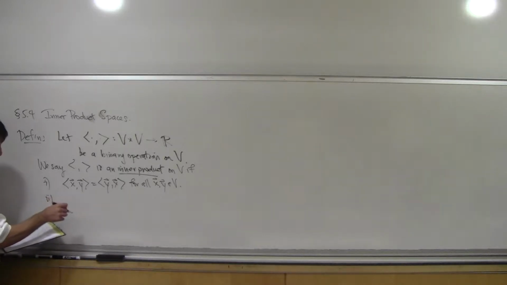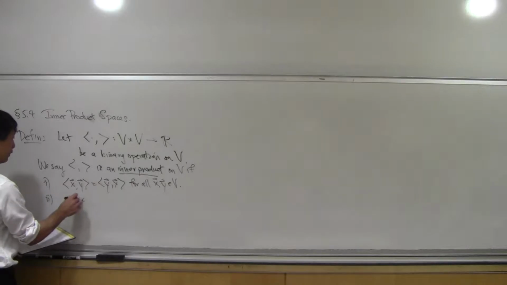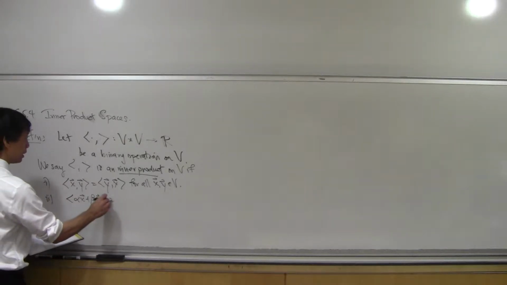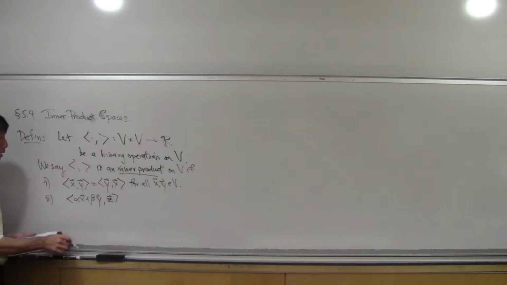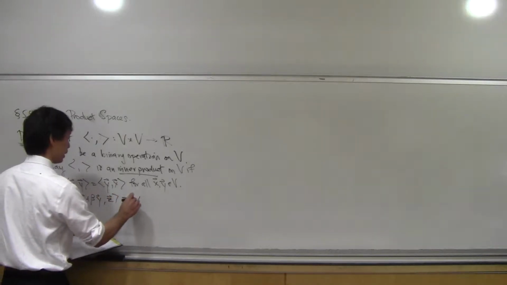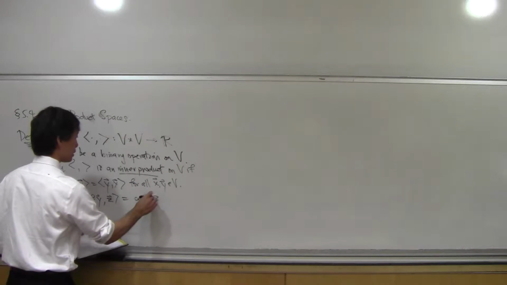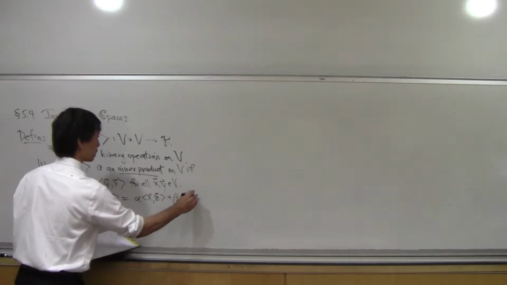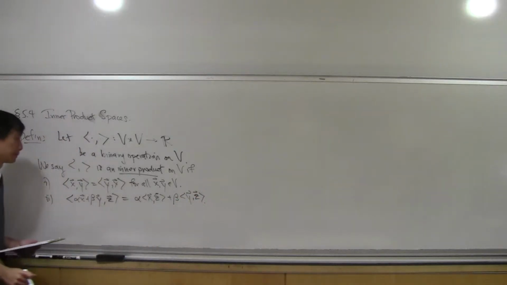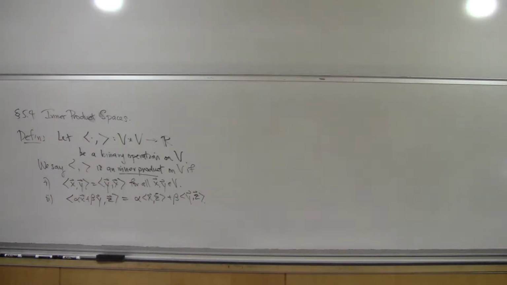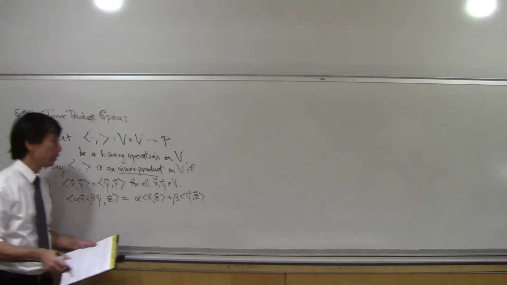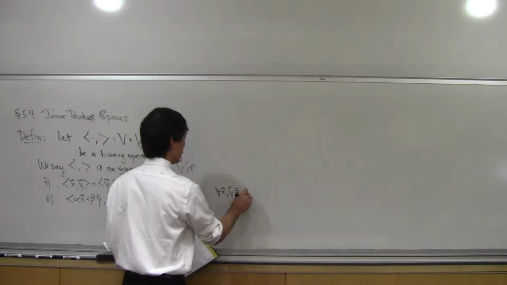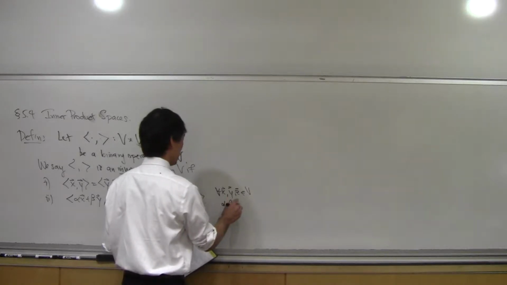Two, the inner product of alpha x plus beta y against z equals alpha times the inner product of x against z plus beta times the inner product of y against z, for all x, y, z in V, and alpha and beta in the real numbers.